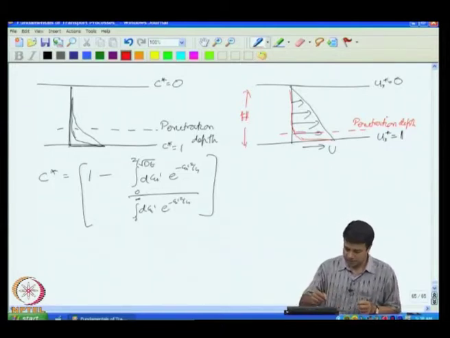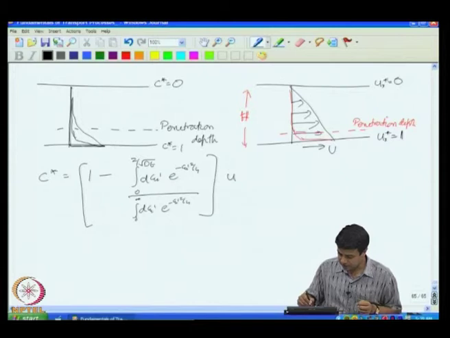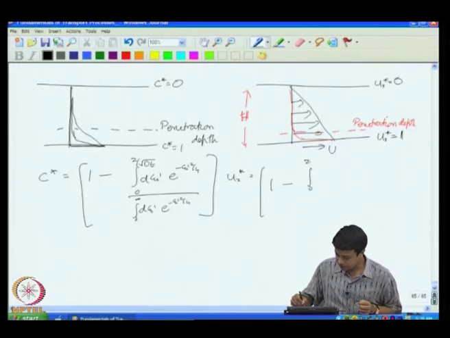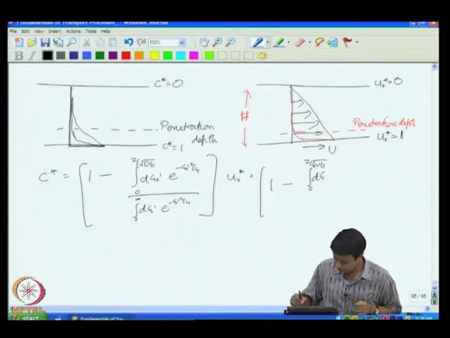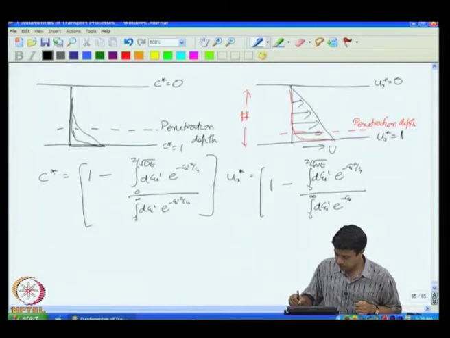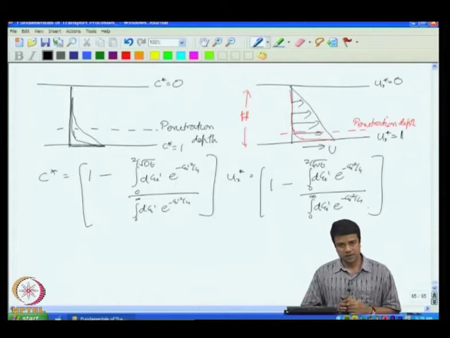So, in this case I can also write down quite easily what the solution for the velocity is going to be equal to: a function of z by root nu t, where nu is the kinematic viscosity. So, you get exactly the same solutions.